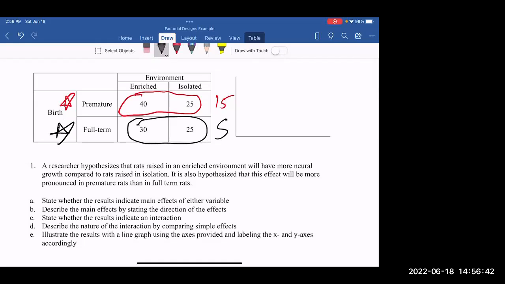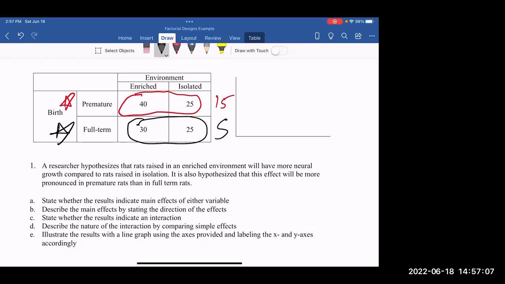Okay. So in both cases, there is more neural growth in the enriched environment rats. Okay, but this difference is greater for premature rats than for full-term rats, right?